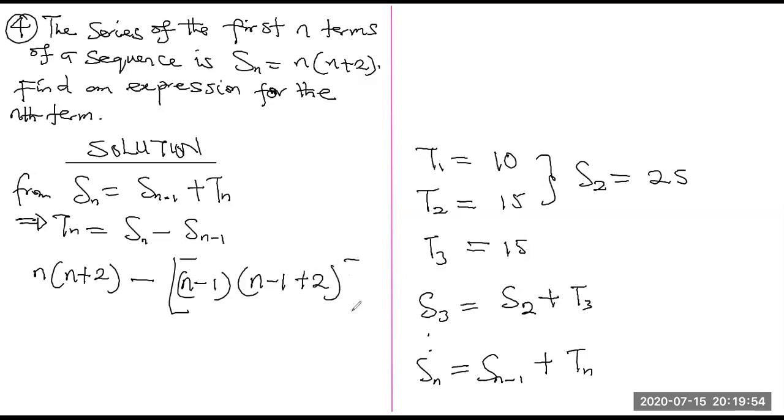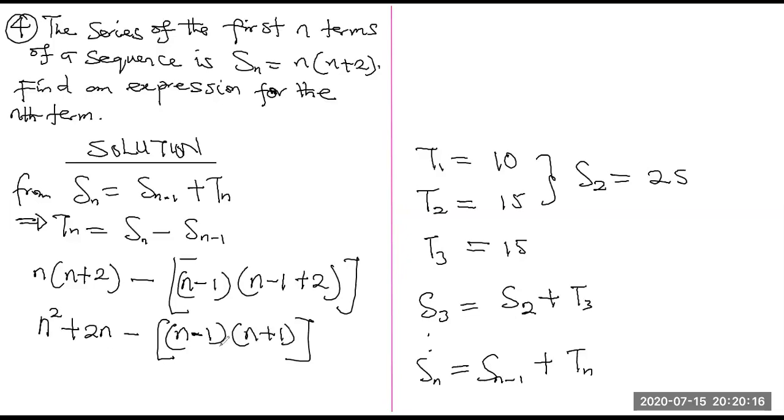So that is Sn minus 1. All right. When we simplify, n times n will give us n squared. n times 2 will give us plus 2n, minus, let's simplify this other one first. This is n minus 1, cannot go further. Then minus 1 plus 2 gives us plus 1. So we have n plus 1.